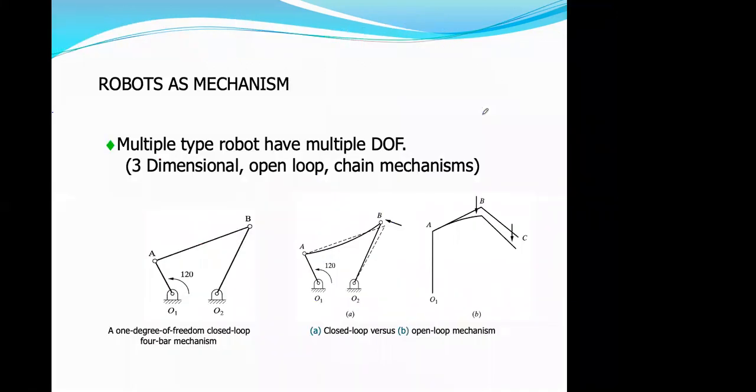Now a robot is called a mechanism. Basically, robots are of multiple types and have multiple degrees of freedom. You can see a 1 degree of freedom closed loop 4 bar mechanism.